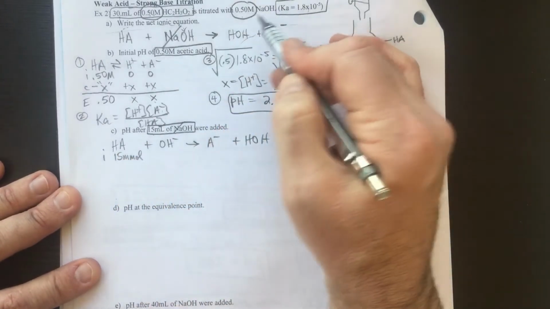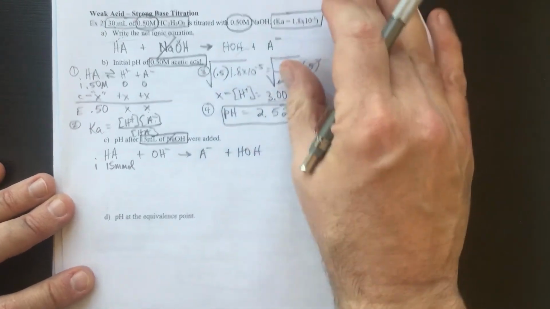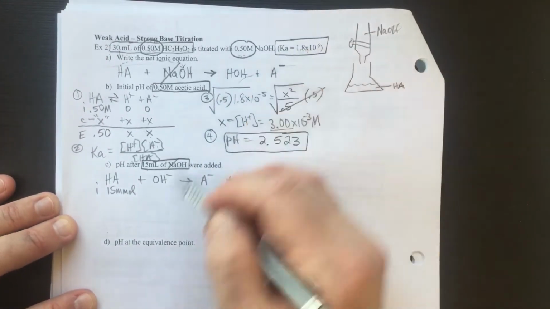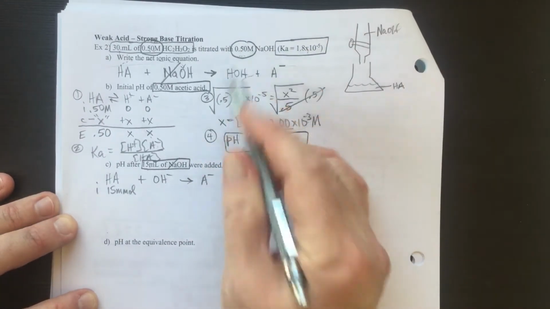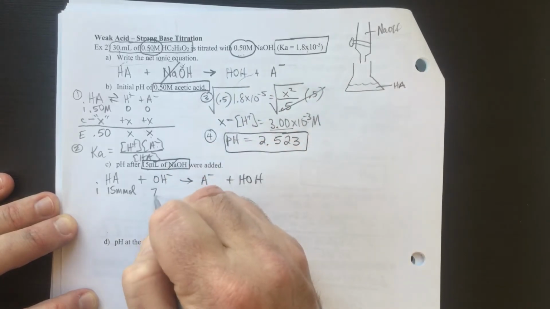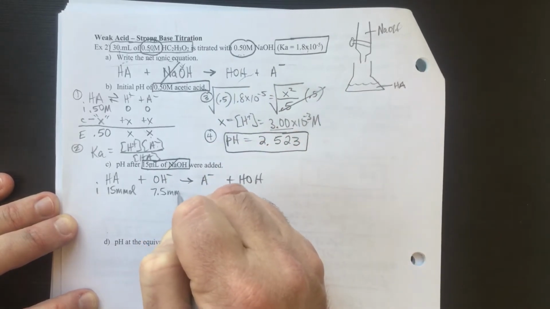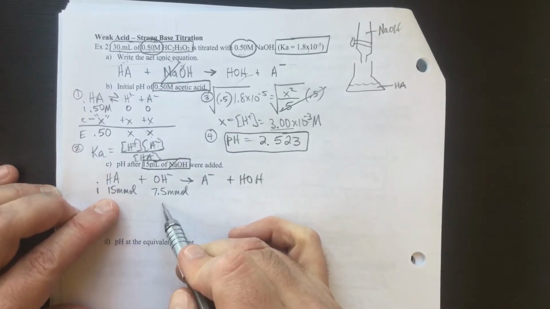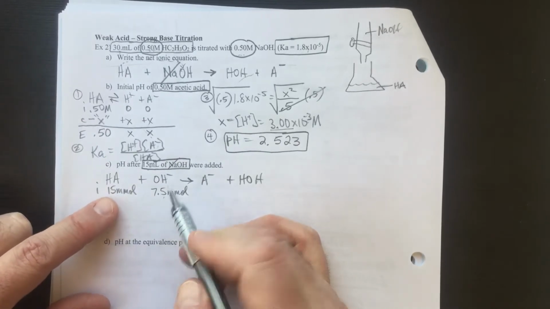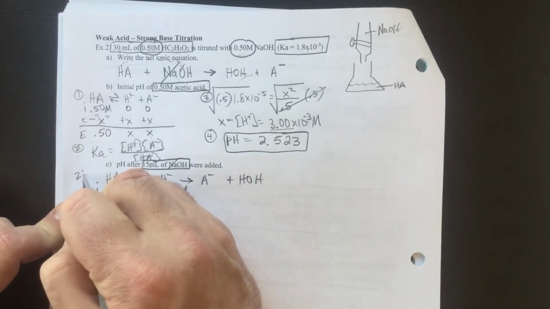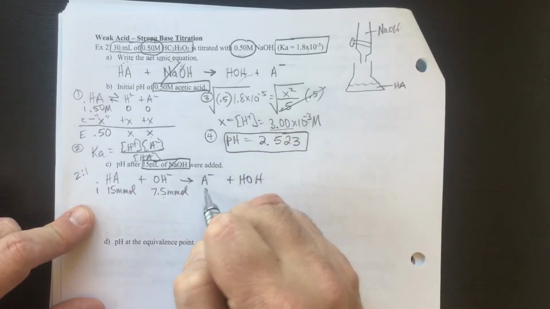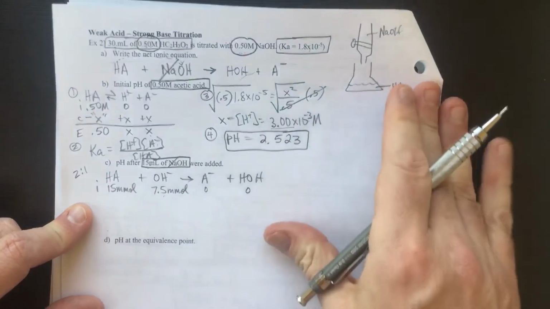Same deal with the sodium hydroxide. The sodium hydroxide concentration is 0.5. This is 15 mils. Half of 15 is 7.5. Well, look at this numerical relationship. It's 15 to 7.5. Isn't that a 2 to 1 ratio? So this would be 0, this would be 0. Just take note of that.